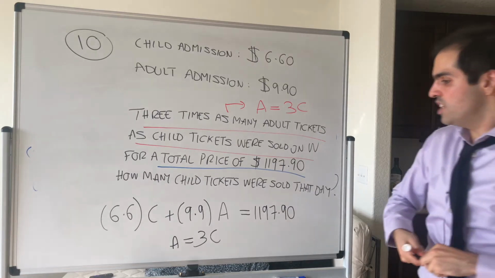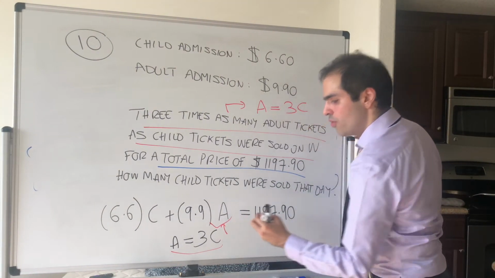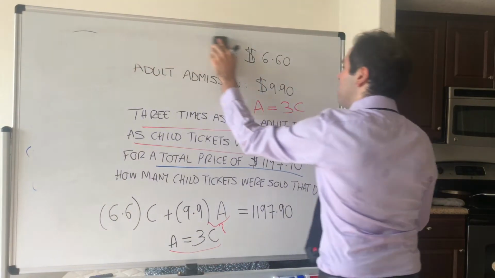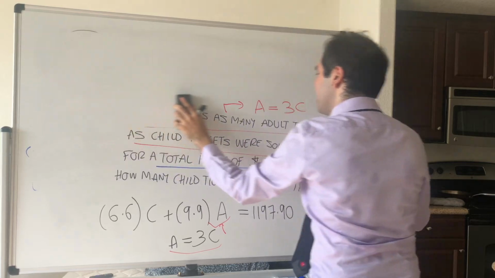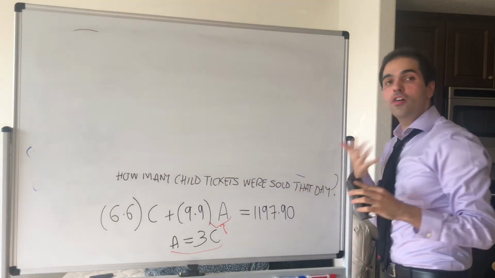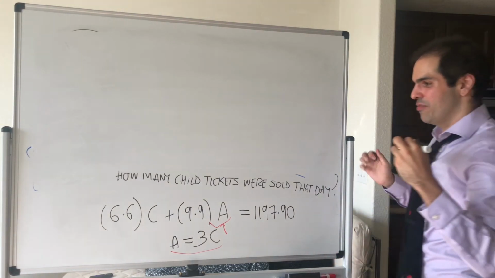Which tells you we can just plug in A equals 3C into this equation here. And the nice thing is we don't need any other information anymore. Because you see, you parse through the sentences and you just transform every English sentence into math.